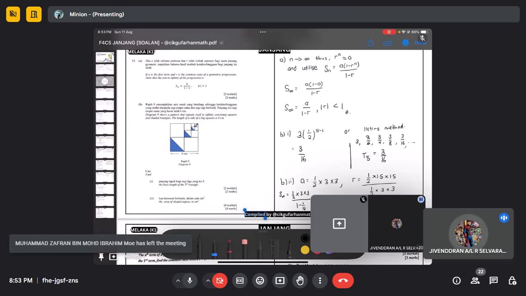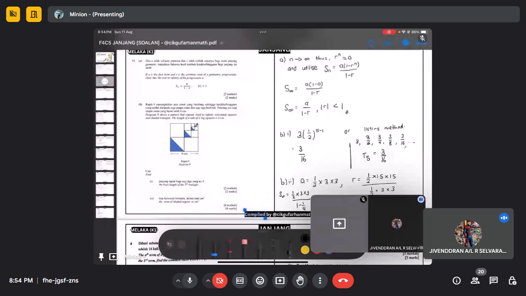And then we use the Sn formula, and we get S infinity equals a times 1 minus 0, since we know r to the power of n is 0, over 1 minus r. Then you'll get the formula S infinity equals a over 1 minus r. Okay, so that's how you get A.